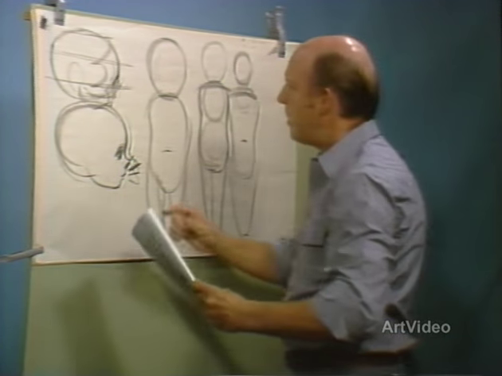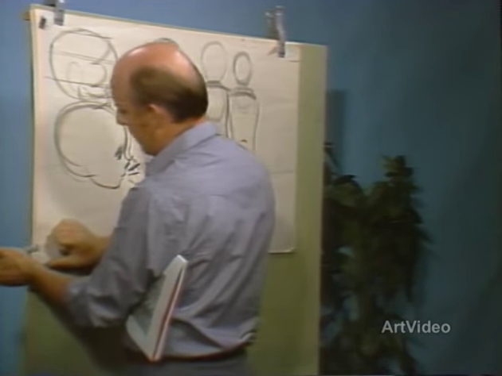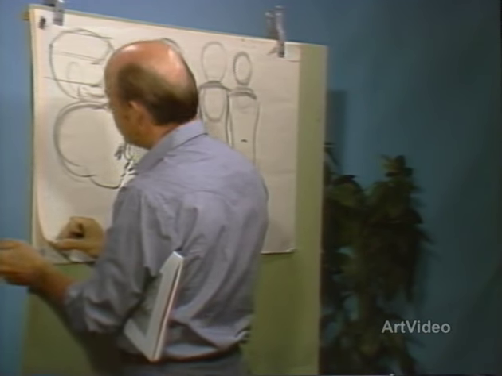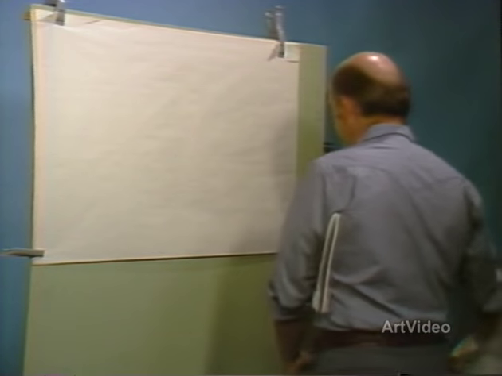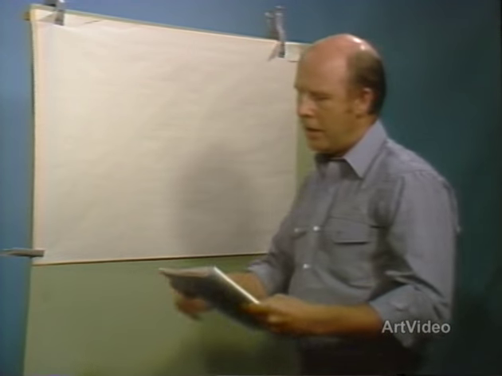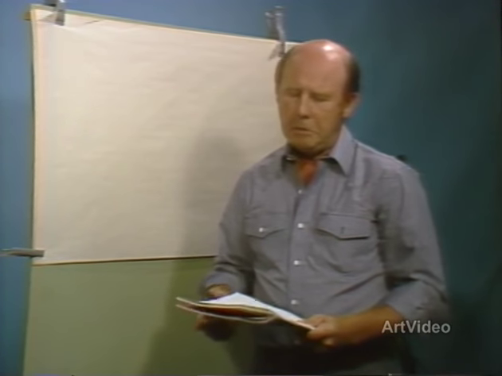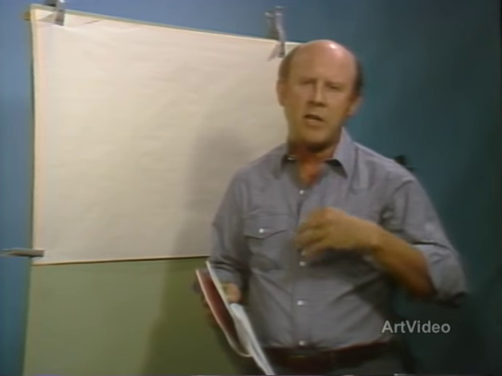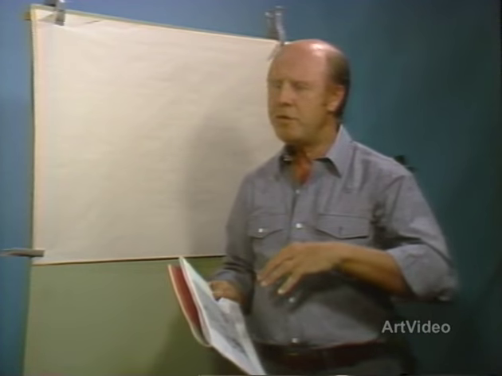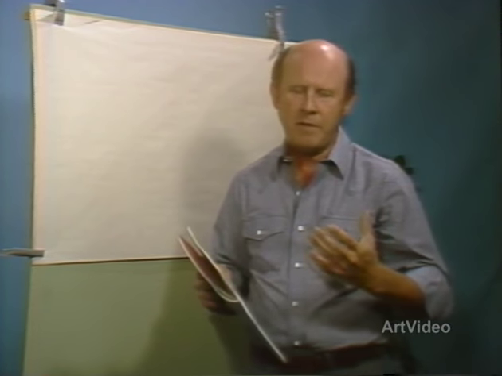Now, what I want to do here is draw a little bit from Raphael. Raphael, of course, is a classicist, and the ideal of classicism was to use a very, very simplified, clear type of form.